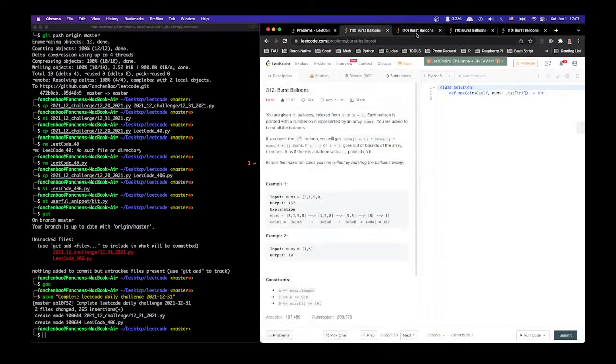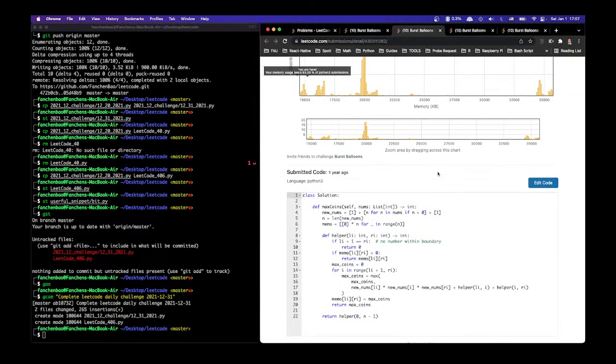3-level DP. Left, right, plus helper, plus helper. Okay. So left, right. It is range.